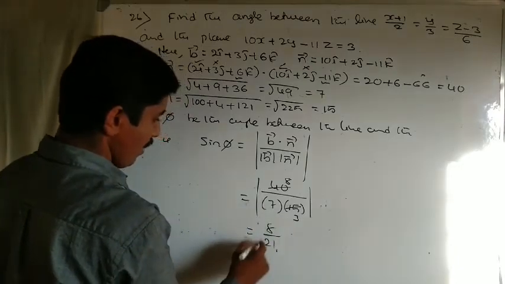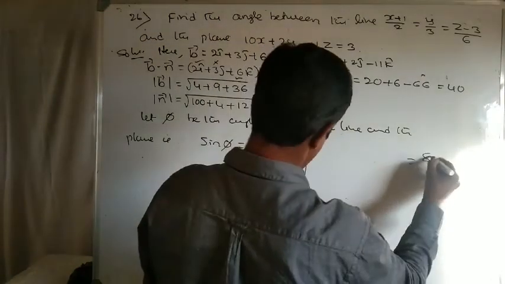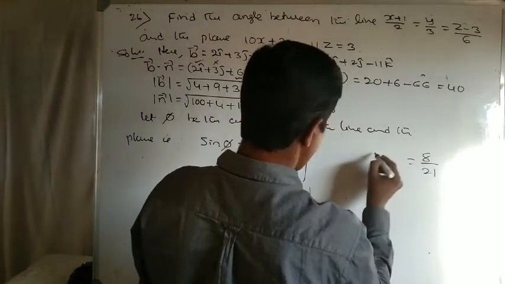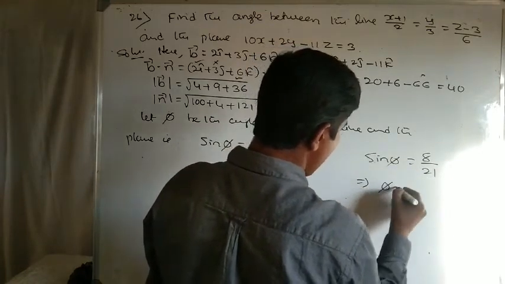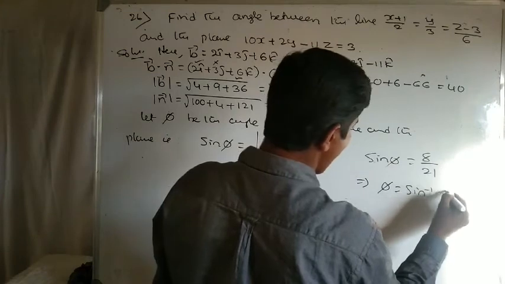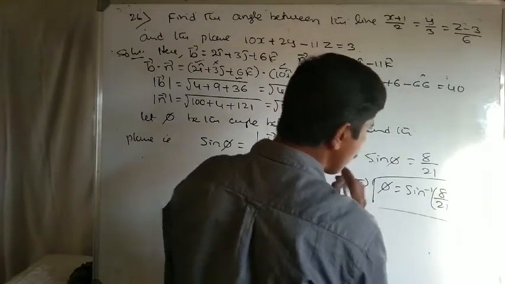Modulus means a positive value, so it is 8 by 21. This is sin phi. Then phi is equal to sin inverse of 8 by 21. This is the required angle.